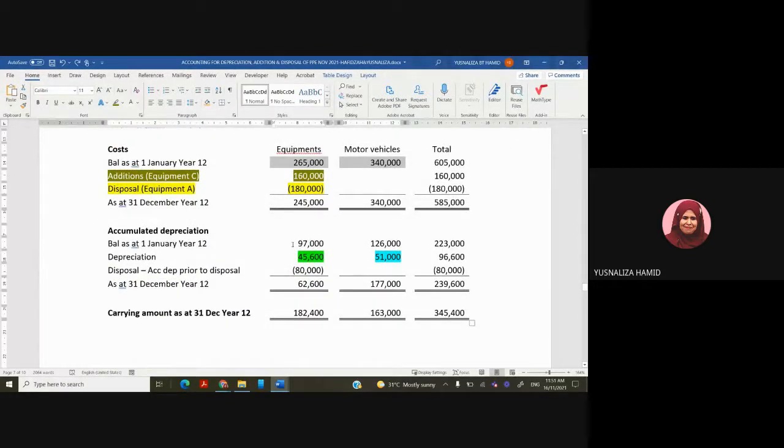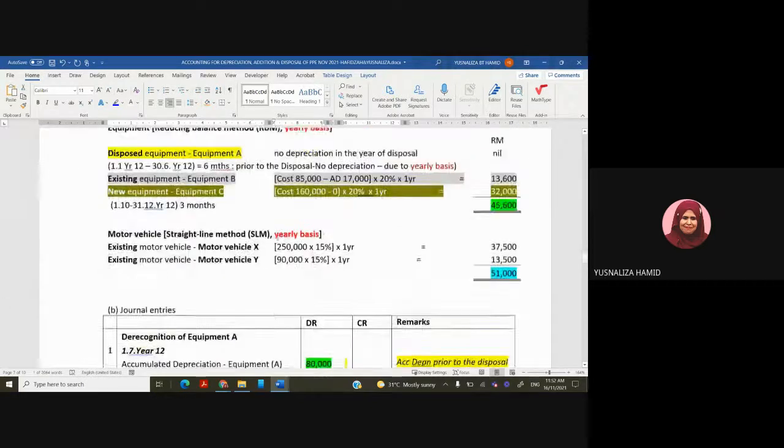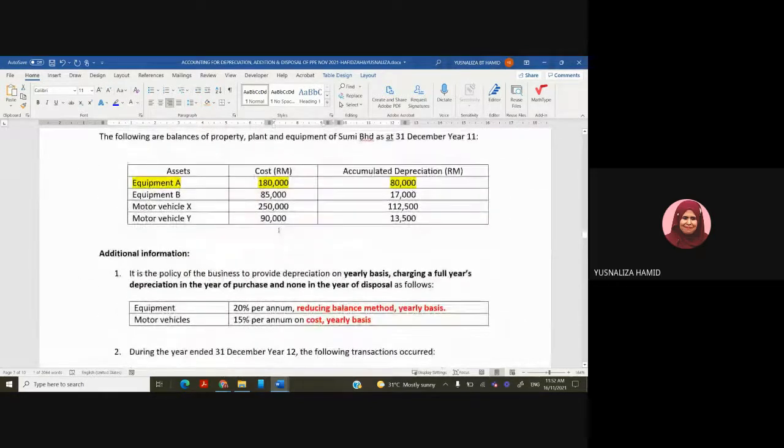Same goes for the depreciation at the beginning of the year. This 97,000 would be from the figure that you take from the list of balances that you were given here. This one, 97. If you add this together, you get 97.